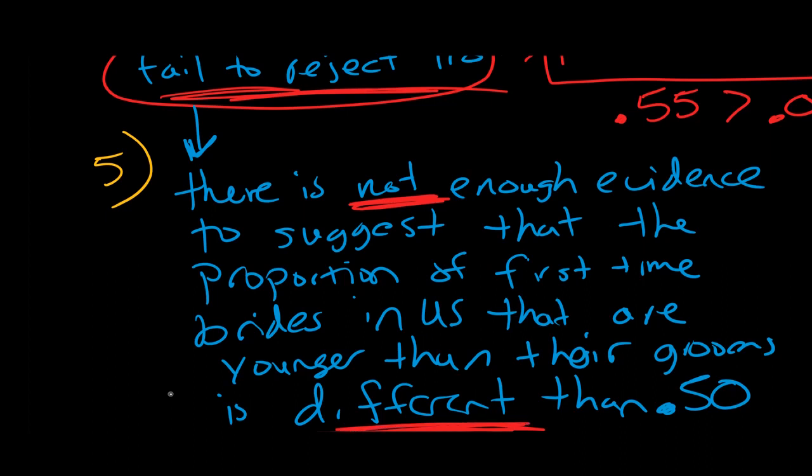Different than is what the alternative hypothesis is. The alternative hypothesis was that p is not equal to 0.5.